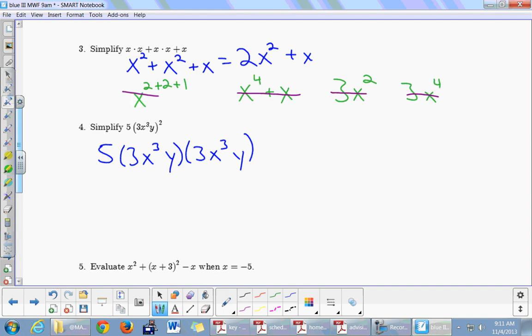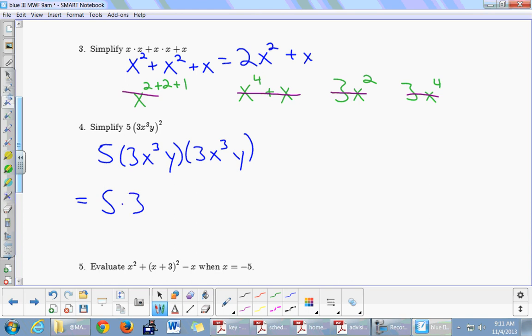Okay, now I'm going to write another completely optional step. 5 times. I'm going to start rearranging the multiplication so that all the things that look similar are together. So I see a 3. I see another 3. I have grouped all the numbers in the front. In fact, sorry, I'm not there yet. That's the next step.